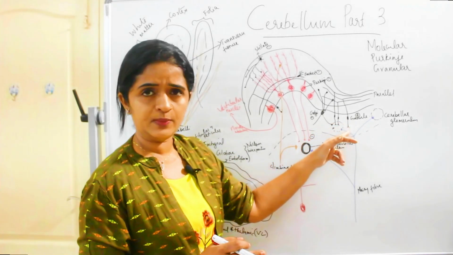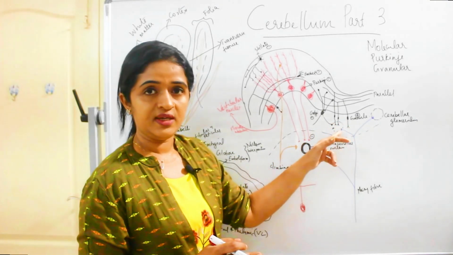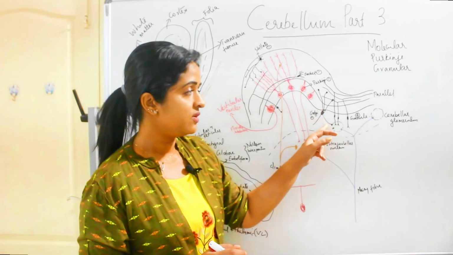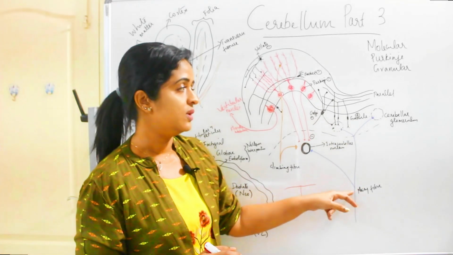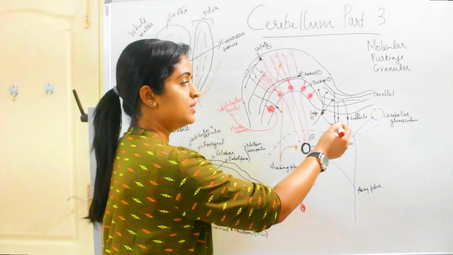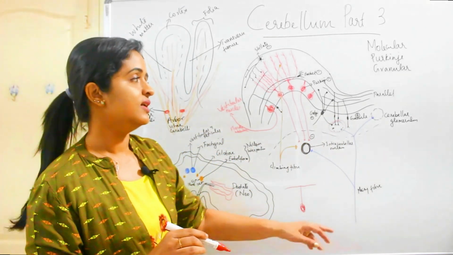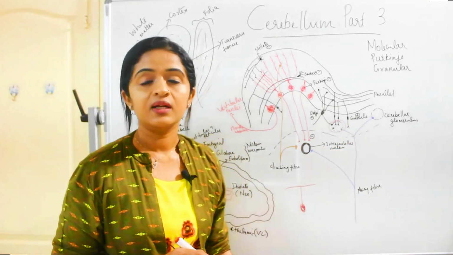Their dendritic process makes a synapse in the granular layer along with the axon of the Golgi and also the mossy fibers. This synapse seen in the granular layer is known as the cerebellar glomerulus.